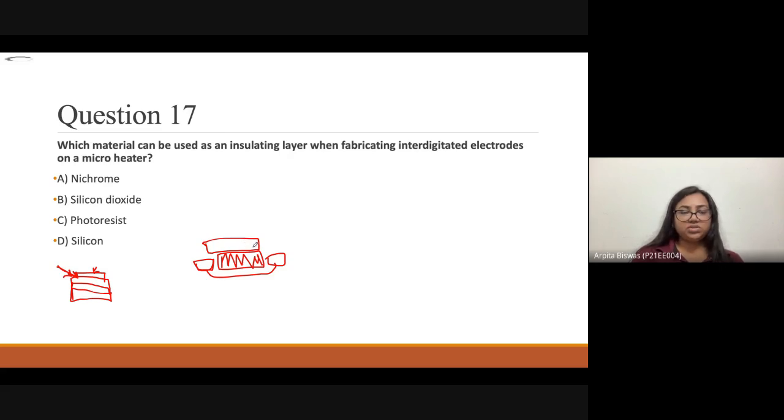So which oxide layer or insulating layer is present in between the electrode and the microheater? So which insulating layer is used? They have used silicon dioxide. Okay, a thin layer of silicon dioxide is used in between the microheater and the interdigitated electrode to stop the electrical shorting.